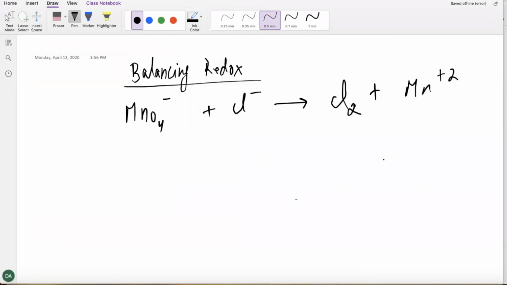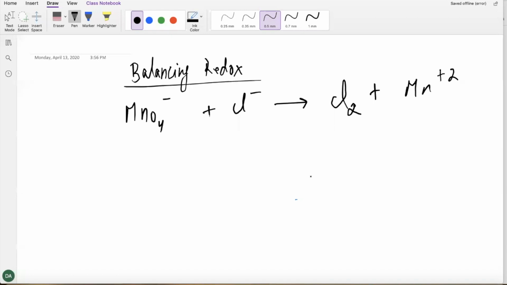Okay, so this is our reaction, and you are going to find a couple of questions like this on your exam, maybe one question on this, and then you're also going to see it on the 3 quizzes that I've posted this week. The last quiz is on this topic where you're going to be balancing the redox reaction.